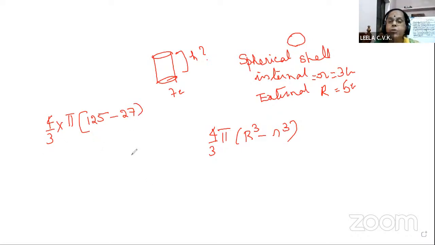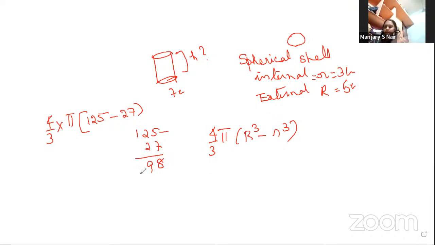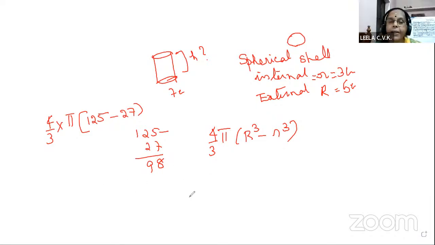125 minus 27. Now we have to subtract this. 125 minus 27, how much is it? 15 minus 7 is 8. It is 98. Is it 98? Yes, ma'am. Okay, correct. So this is 4/3 pi and 98. 98 is a multiple of 7, so can we write the value 22/7 for pi?